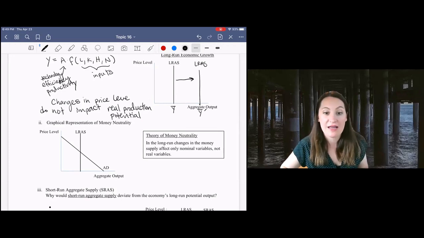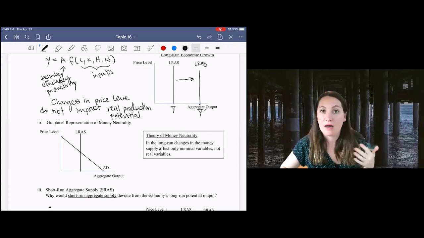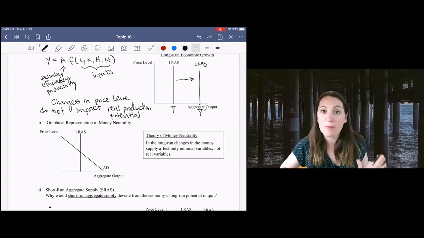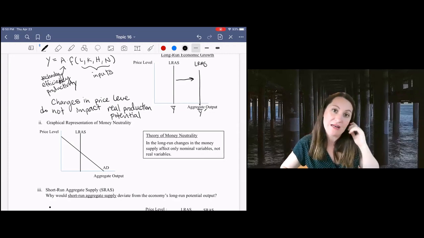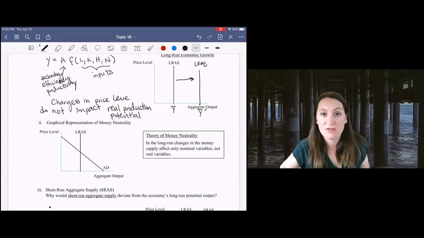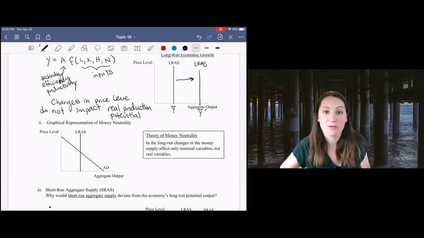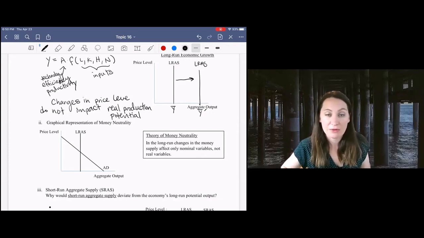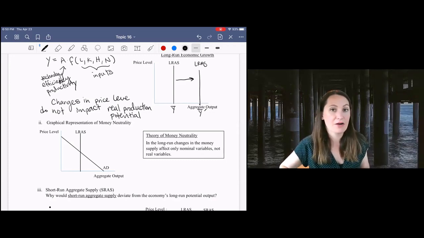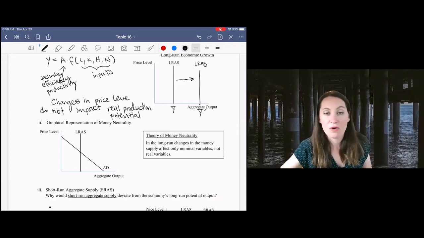Output will stay the same, unemployment would stay the same, etc. Now, this is probably only true in the long run, okay? So when you get into higher level macro courses, you would take a much more nuanced view about the relationship between all of these variables. But for here, for right now, for understanding this model, this is the assumption that we're making.